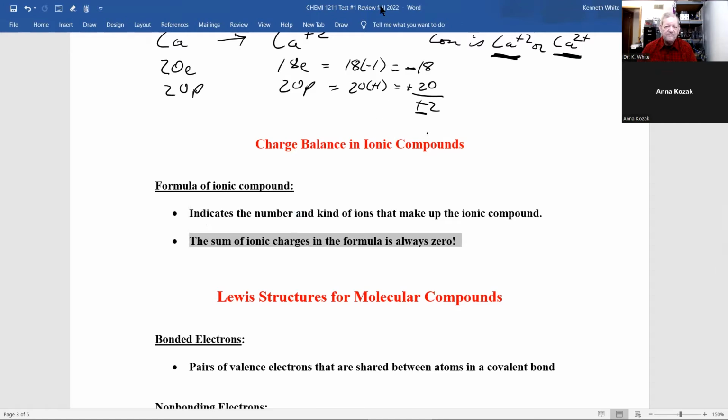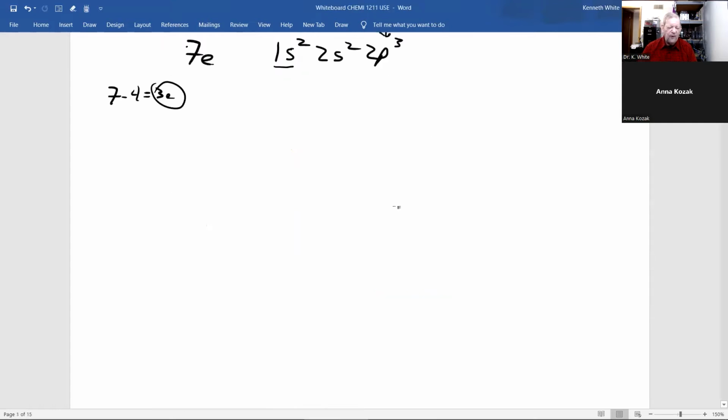And let's do a quick one. What would be the empirical formula or chemical formula, either one I can put on a test, for a molecule with calcium +2 and bromine -1? Well, this is a +2.